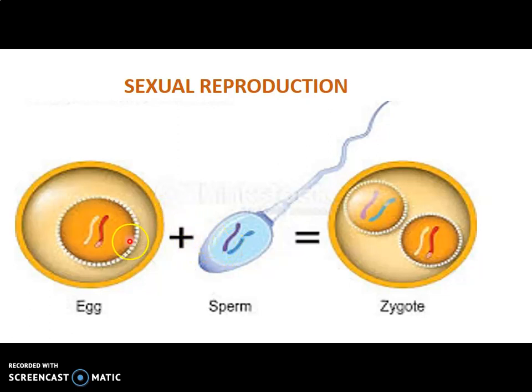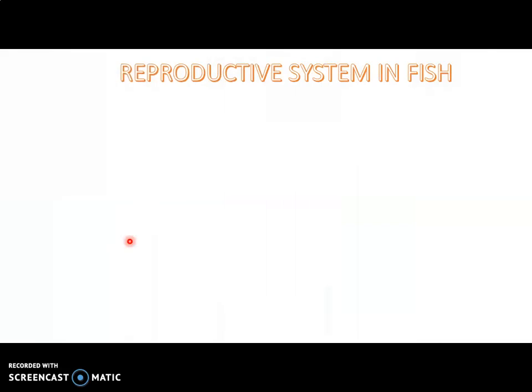The first one, reproductive system in fish. We have to understand that fishes undergo sexual reproduction, and even though they do, their fertilization occurs externally.